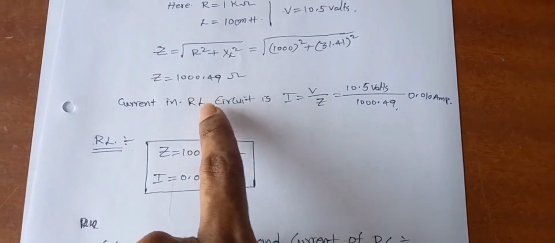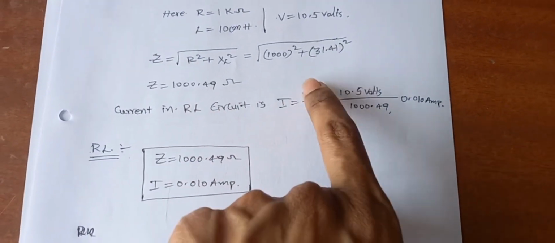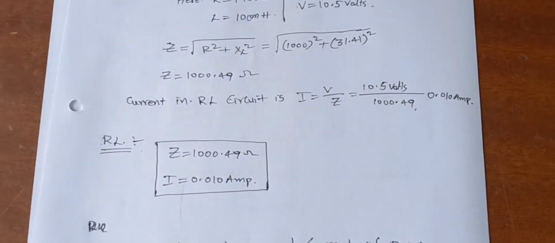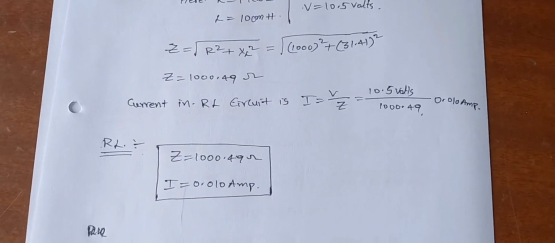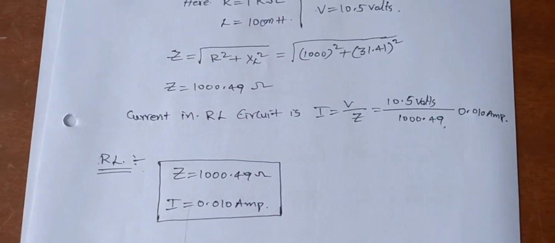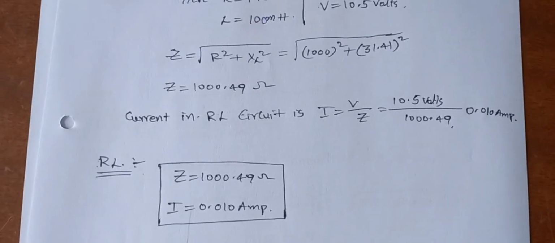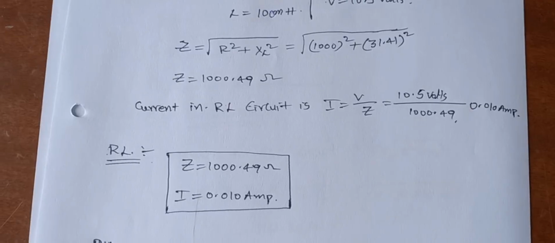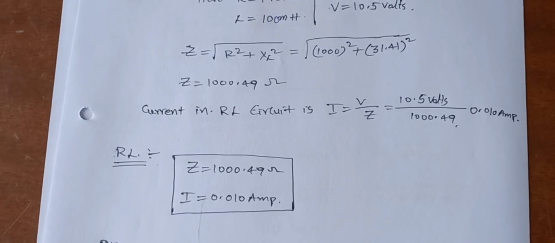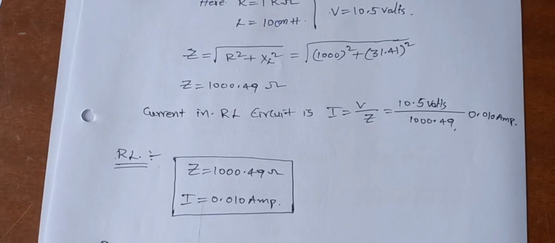And current in the RL circuit is I is equal to V by Z. According to Ohm's law I is equal to V by R, but in place of R we can replace the impedance, because here we are taking not only resistance but inductance also.